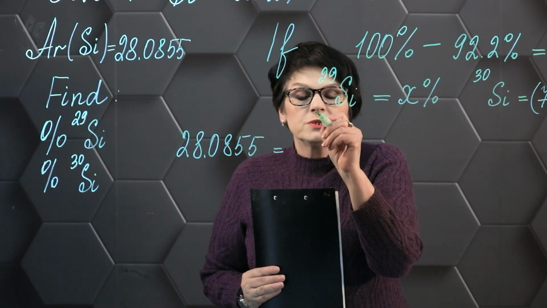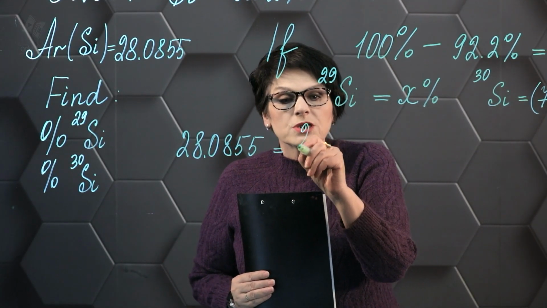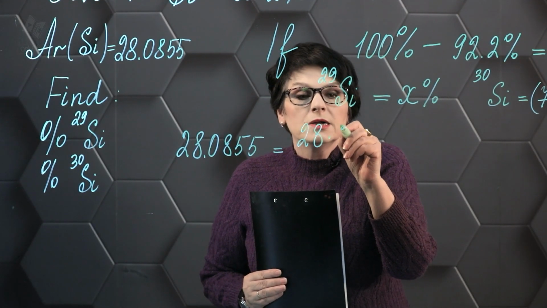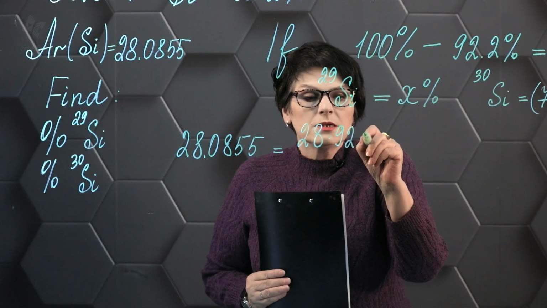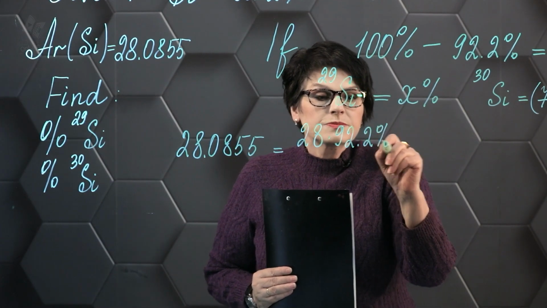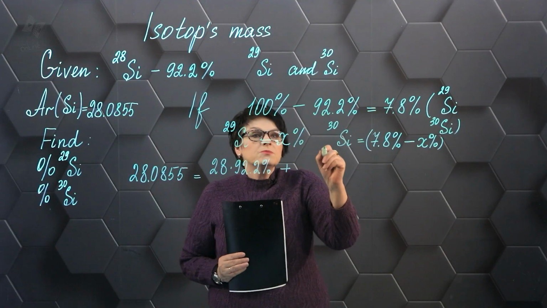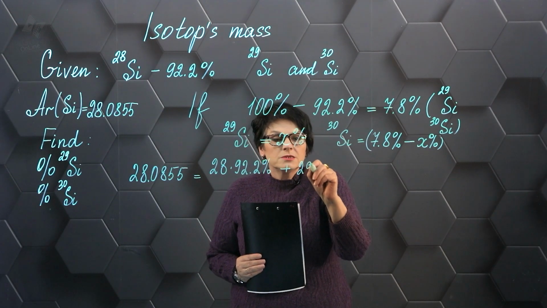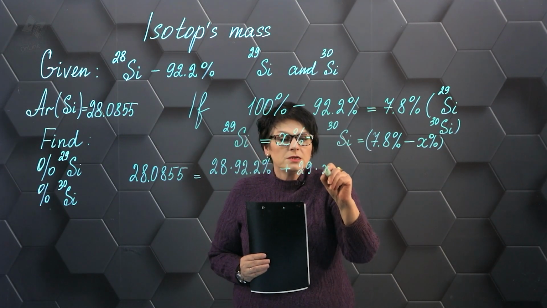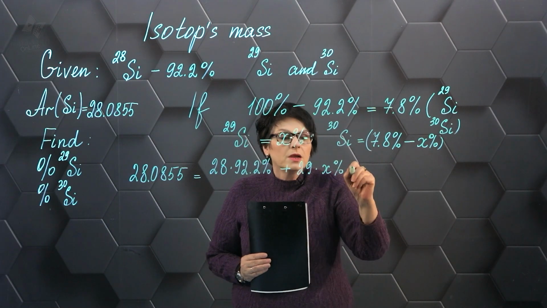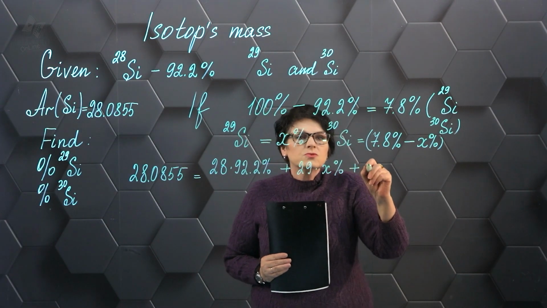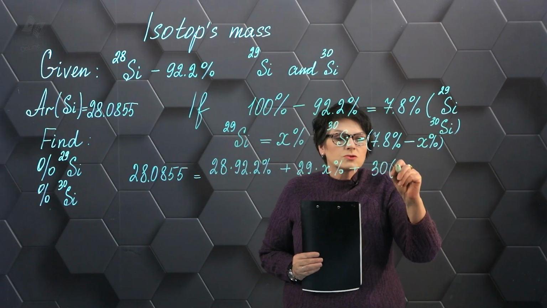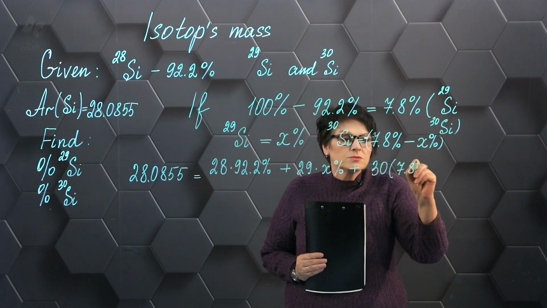In this case, the ratio is obtained as a fraction of 28 times 92.2%, plus silicon 29 times X%, plus silicon with a mass of 30 times 7.8% minus X%.